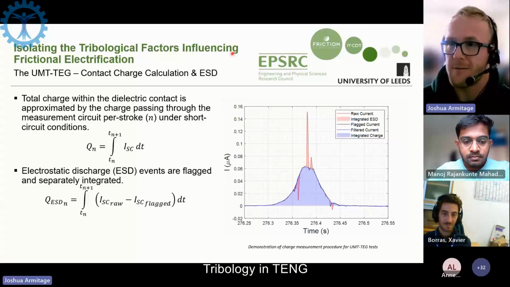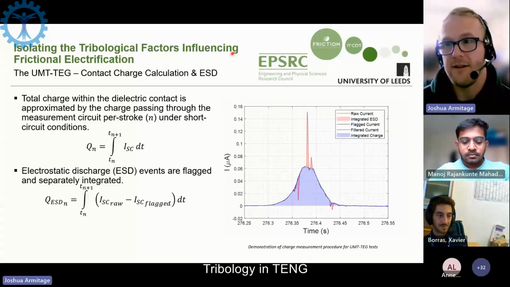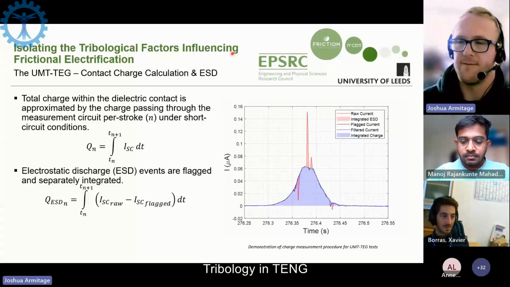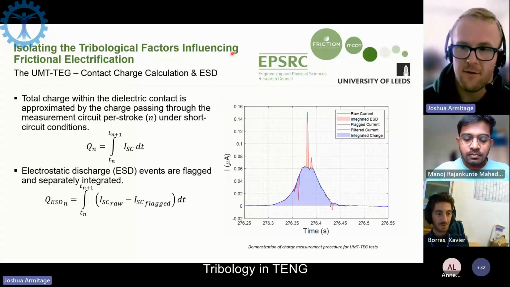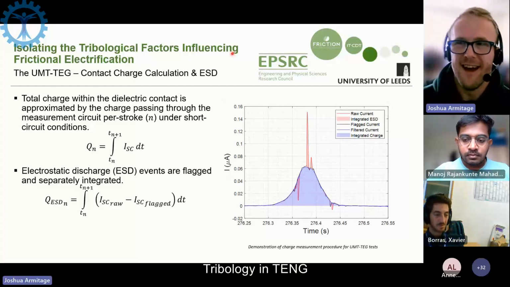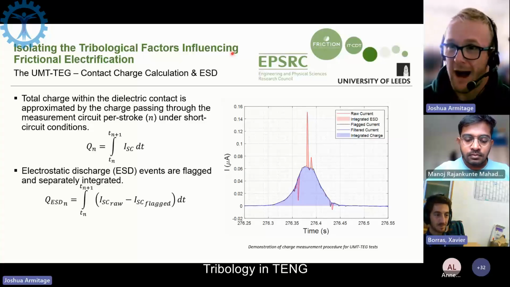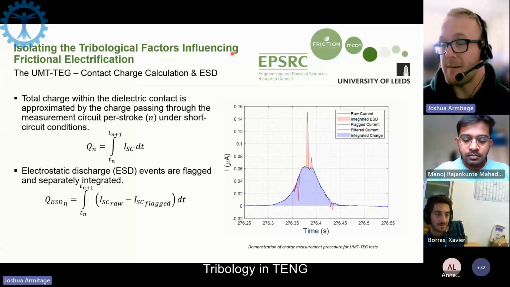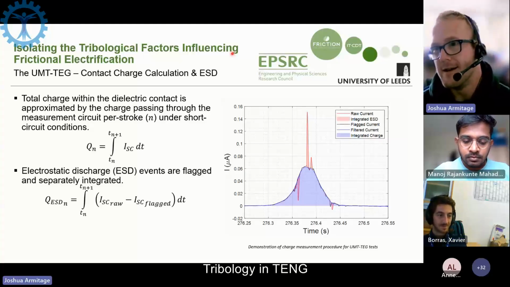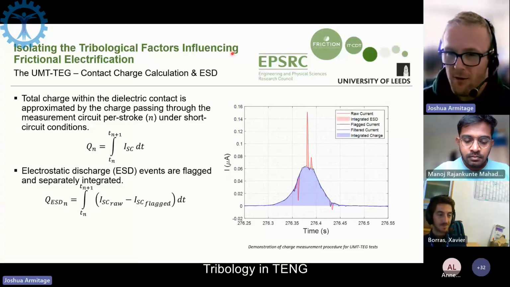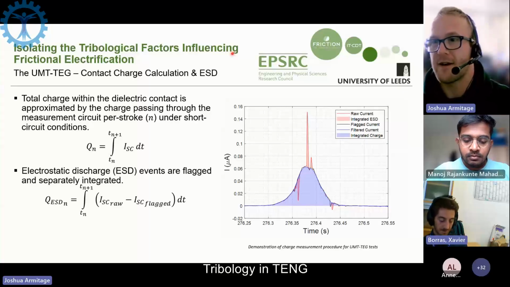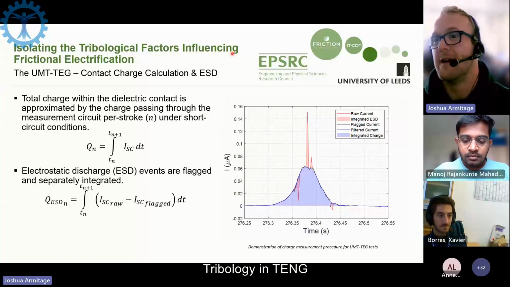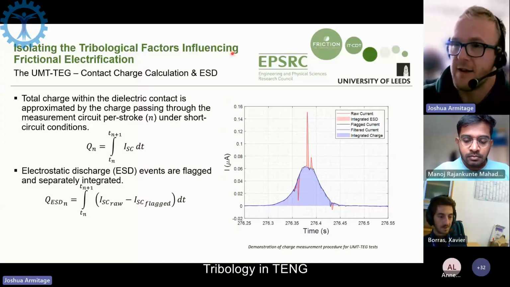And when you start to compare the volumetric energy density to the surface energy density, you find that the volumetric energy density of these devices can actually be amplified quite a bit, especially in comparison to conventional electromagnetic generators, which, due to the mode of operation, are quite bulky, and require very high relative speeds in order to induce that electric current through electromagnetic induction rather than our electrostatic induction.